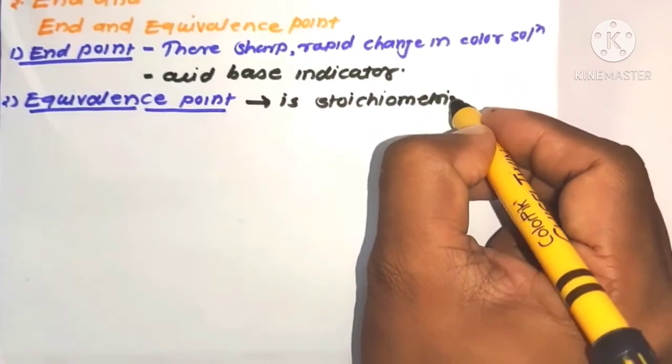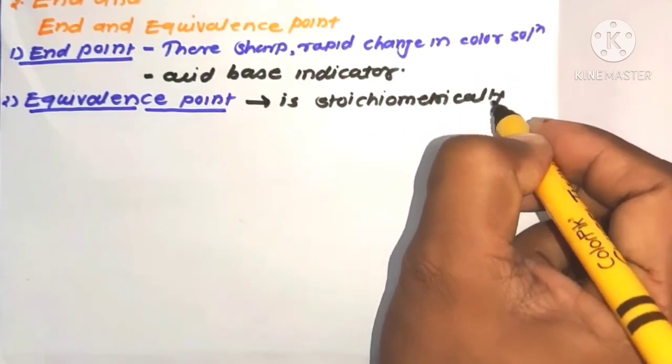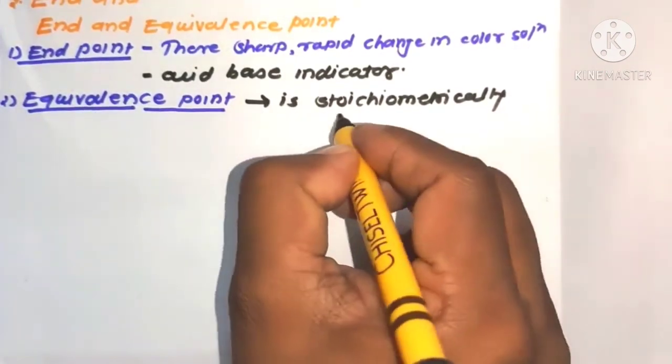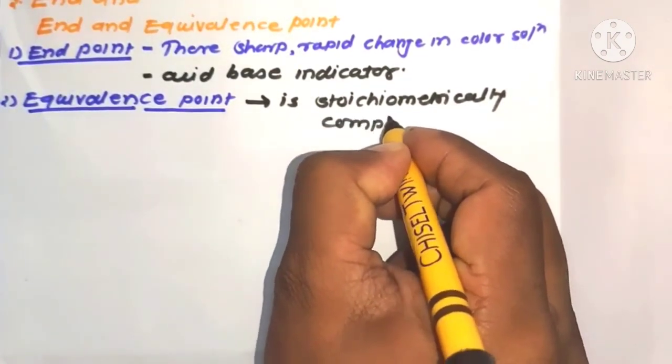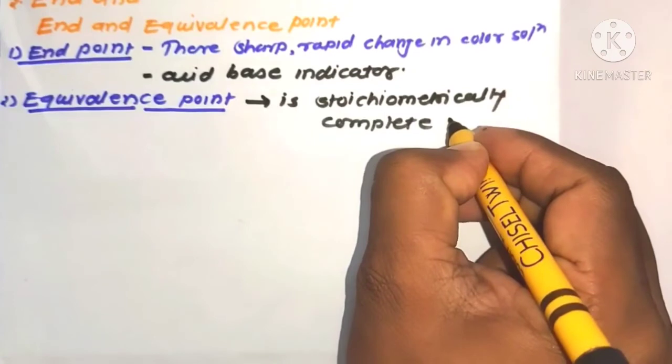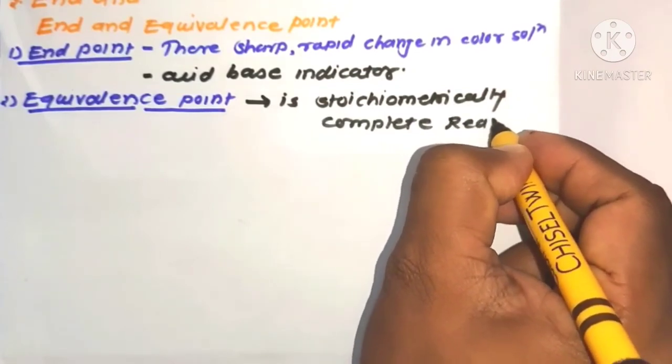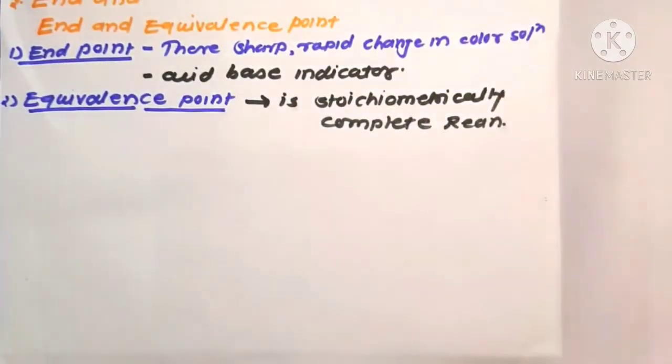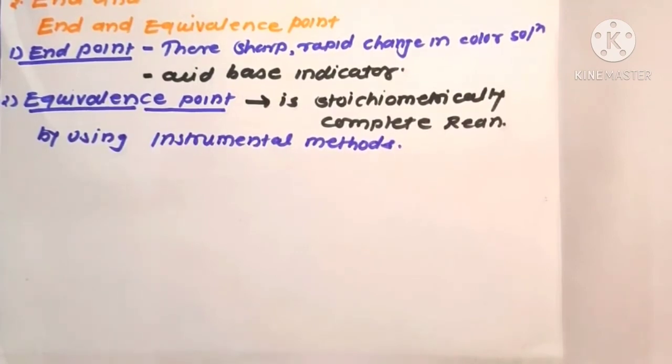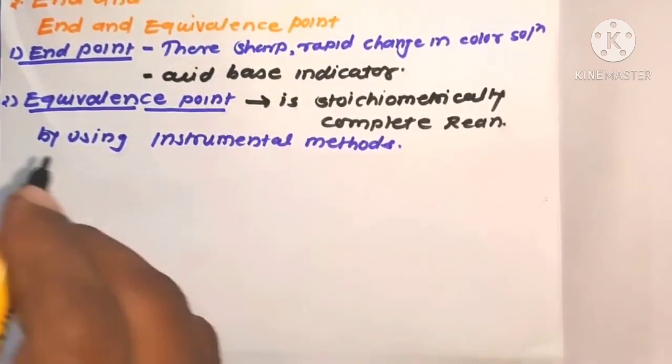The equivalence point of titration cannot be exactly determined using usual indicators.